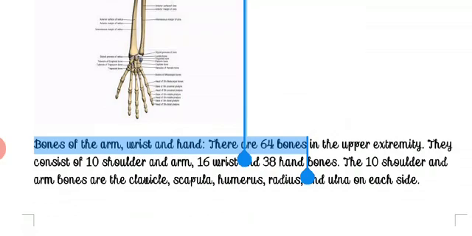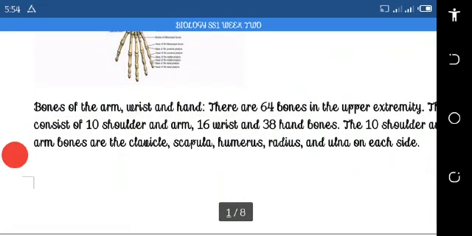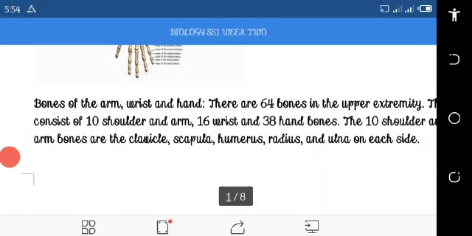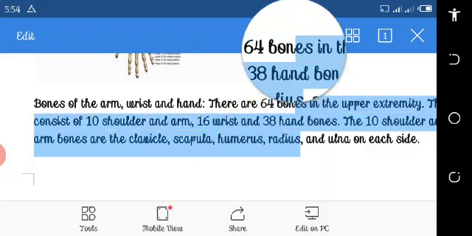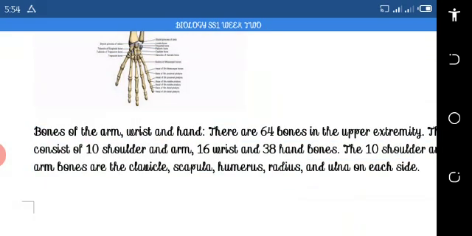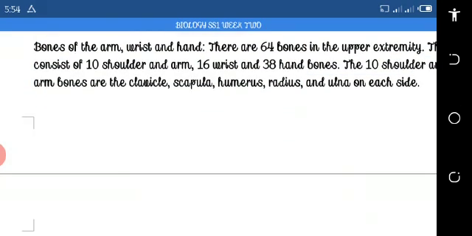The 5 shoulder bones are the clavicle, the scapula, the humerus, the radius, and ulna, all for each arm.